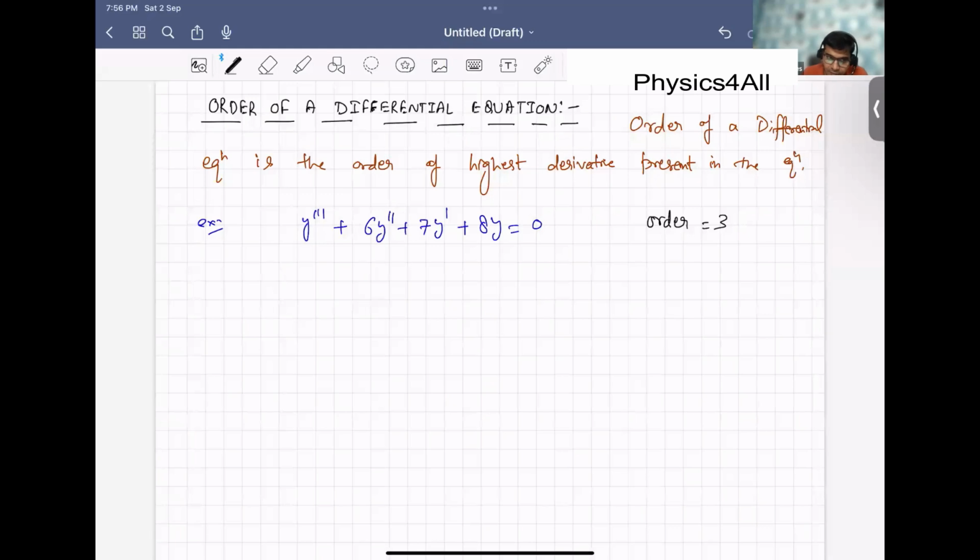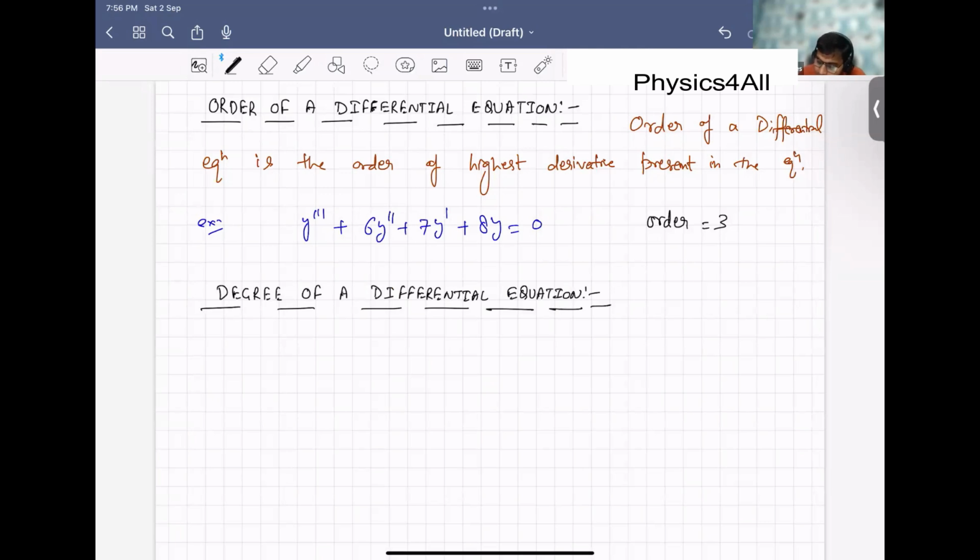So let me write down first degree of a differential equation. So both have to be integer first of all, right? No fraction thing can happen. Degree is also integer and order is also integer, and positive integer for that matter. Okay, so I will tell you, the degree of a differential equation.